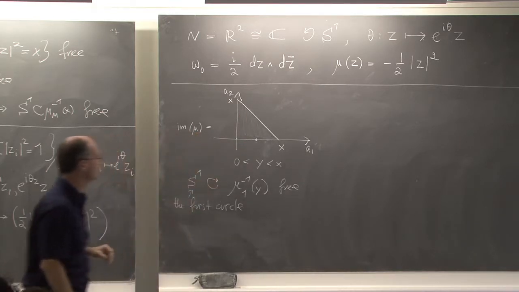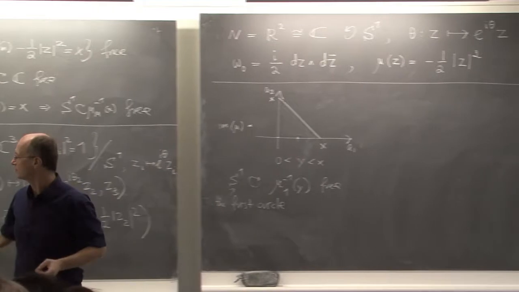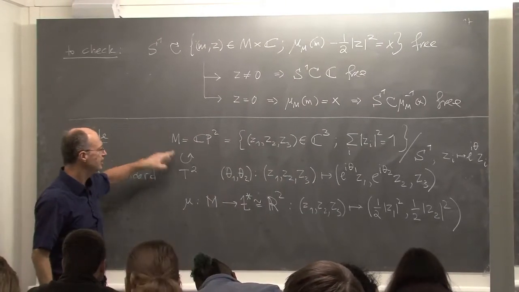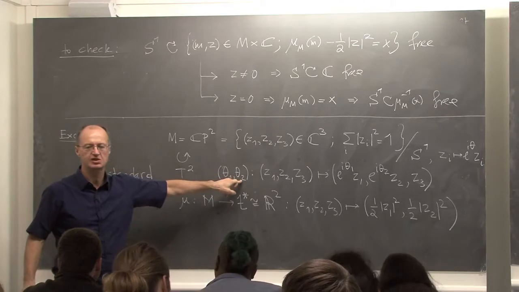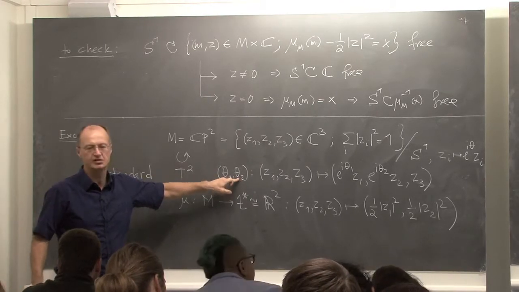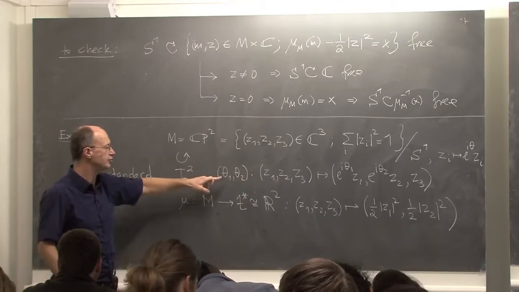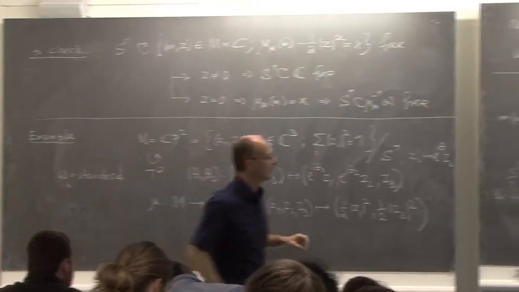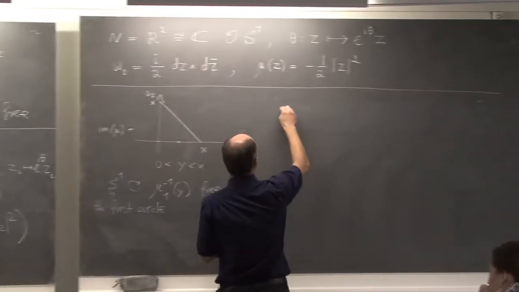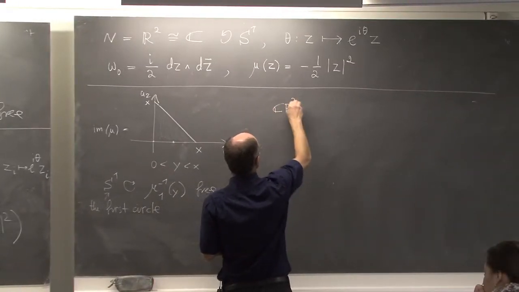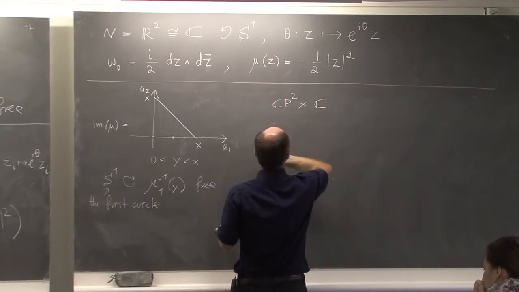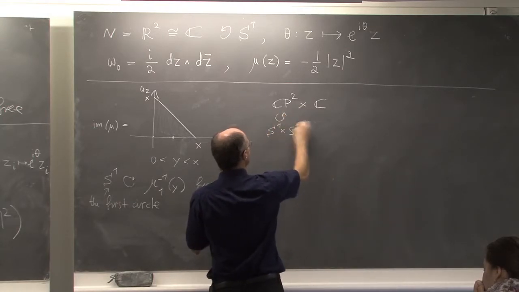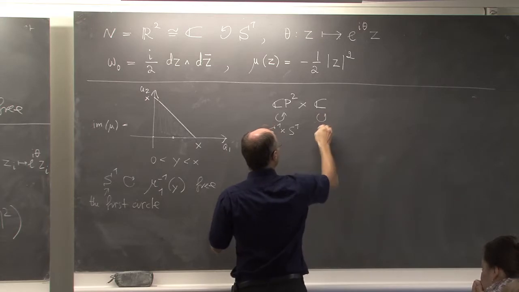And now let's do the cutting. Now we have many circles in the game. At the moment I'm not thinking of this second circle, so I'm doing my first circle. This means that when I do CP2 cross C, here I have S1 cross S1, and here I have S1.